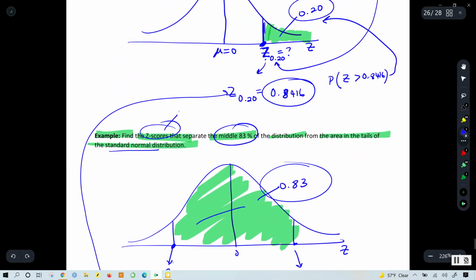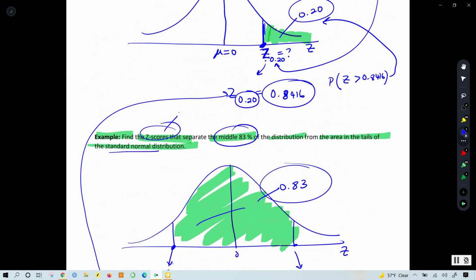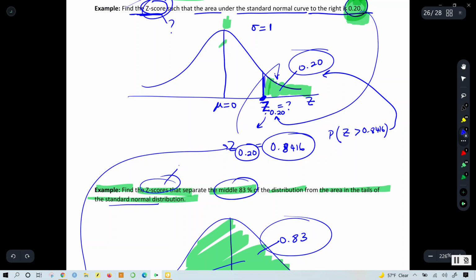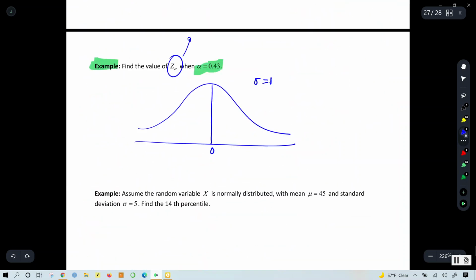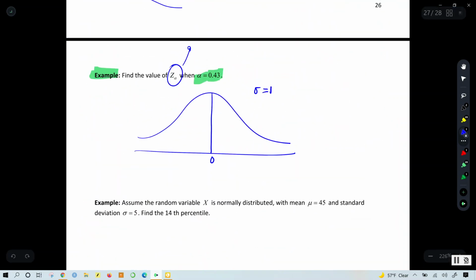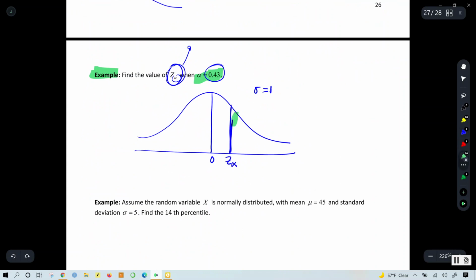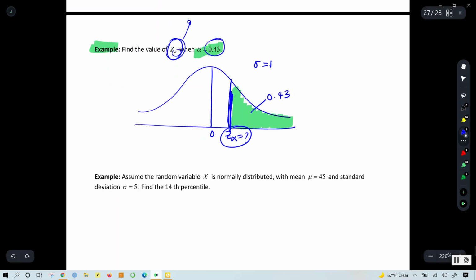Our alpha in this case was 0.20, which means the area strictly to the right. So coming back here, we would like to find the area to the right such that it is 0.43. That must be a number somewhere here. So Z of alpha is such that the area strictly to the right is of size 0.43. What is that number? That cuts off the upper 43%.